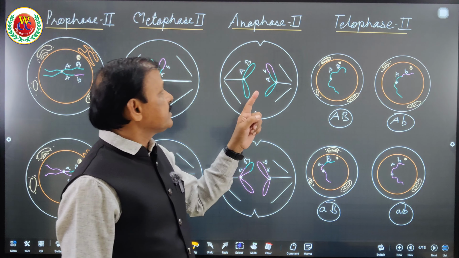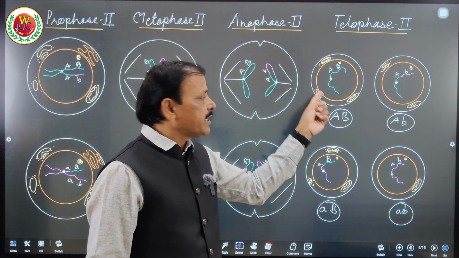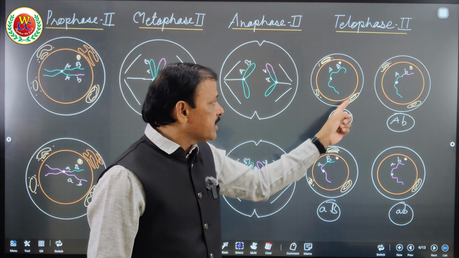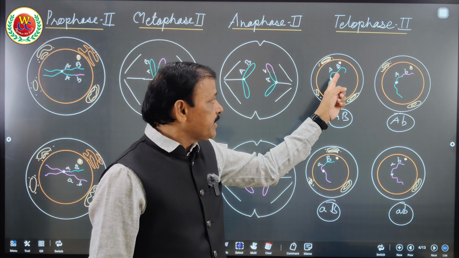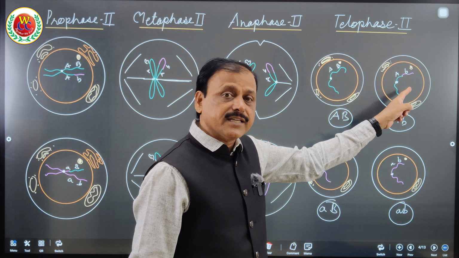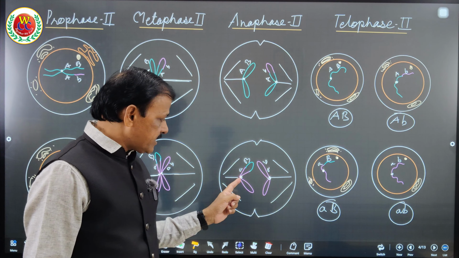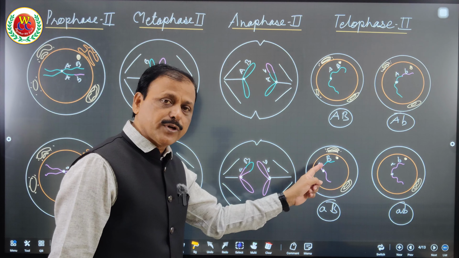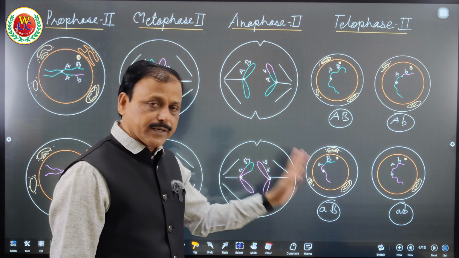Now in telophase, these chromosomes reach the opposite pole where the nuclear membrane reappears, the nucleolus reappears, and organelles appear. This chromosome will be in this gamete having the capital AB combination. Another chromosome will be in another cell, another gamete, with capital A small b. Again, this one will be in this cell having small a capital B, with organelles, nuclear membrane and nucleolus there, and a gamete is formed.